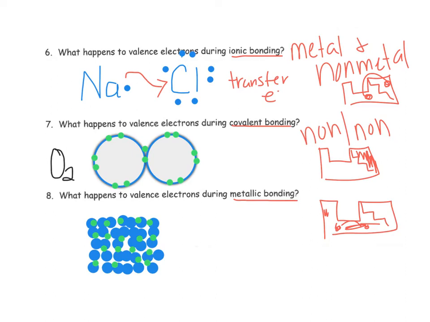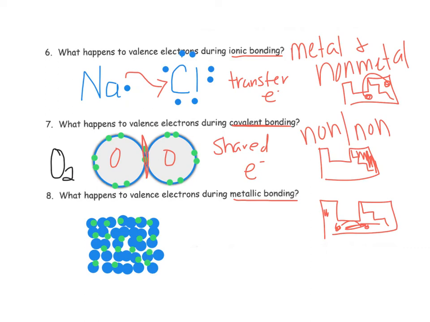Covalent bonds, if I look at this right here, this is oxygen, O2. The electrons are shared. So you can see here's one oxygen and here's the other oxygen, and they are sharing this pair of electrons right here. So covalent bonding between nonmetal and nonmetal, they share electrons.